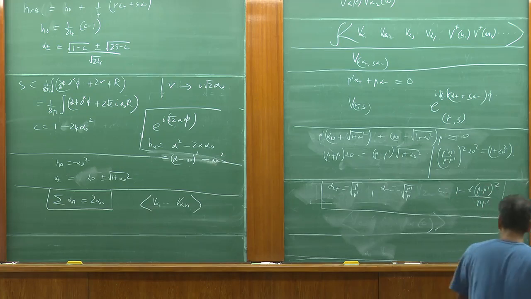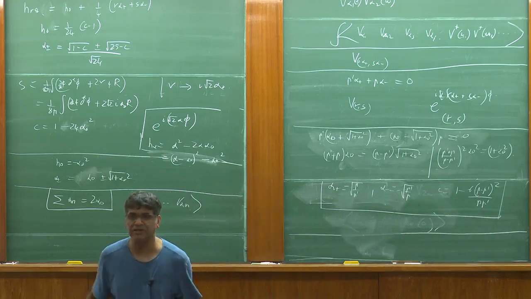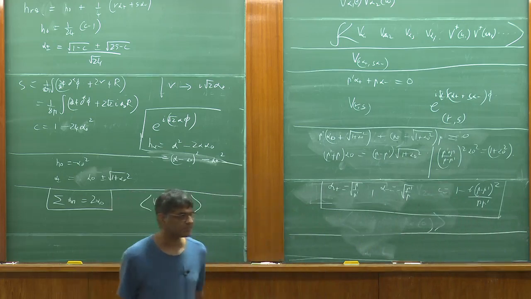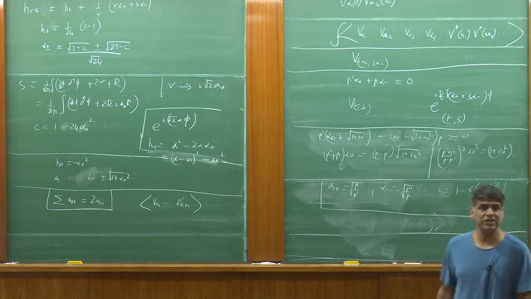I want to first show you an example of how this works, before we come back to justifying all this more clearly. But first you see the claim is a very interesting one. First you should appreciate that.